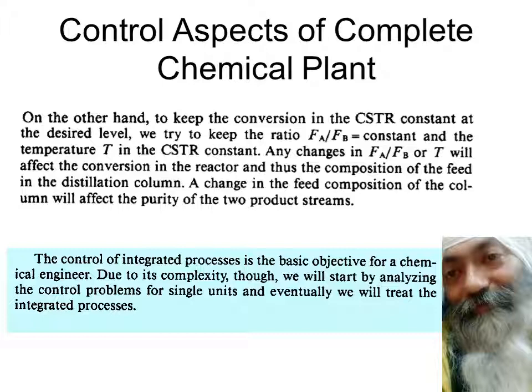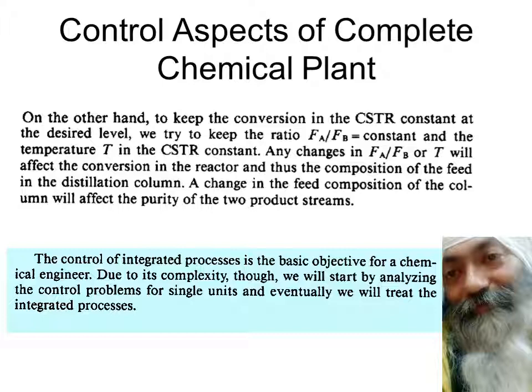and we will be part of that chemical engineering team. It's always a teamwork, and due to its complexity, we will start analyzing the control problems in single unit at a time. For the time being, we'll be considering only single unit. For the time being, we'll be considering only CSTR. For the time being, we'll be considering only distillation column, or even something simpler so as to build up some concepts over here. But ultimately, we have to go in for the integrated process. That's a final objective.